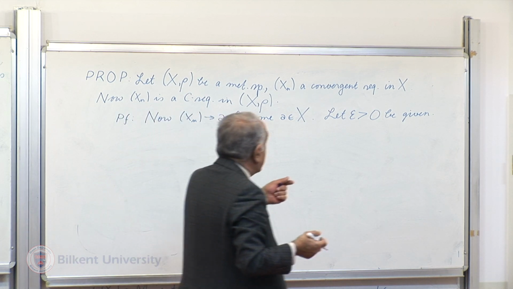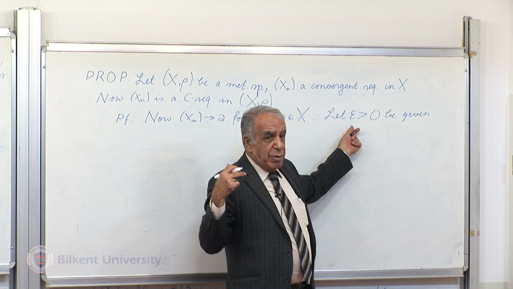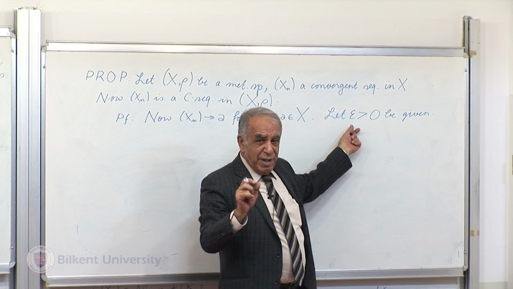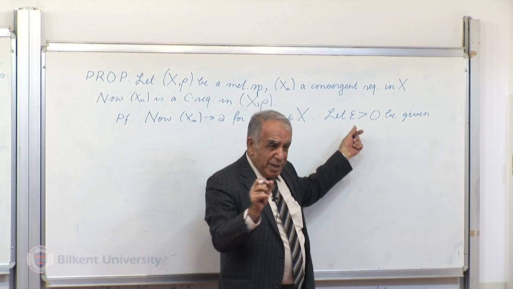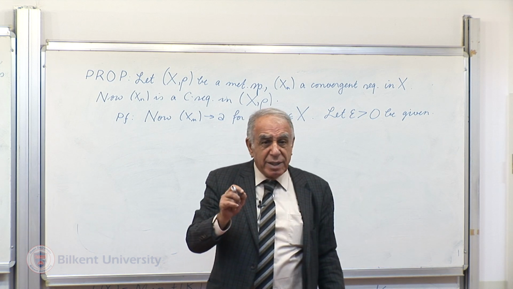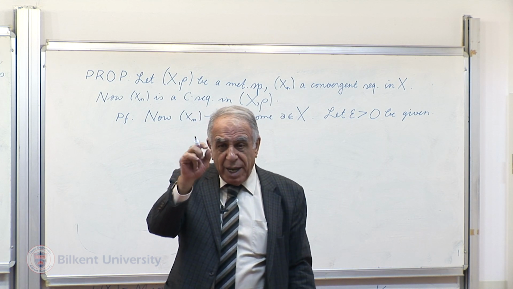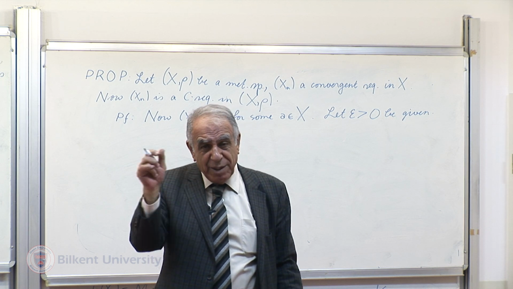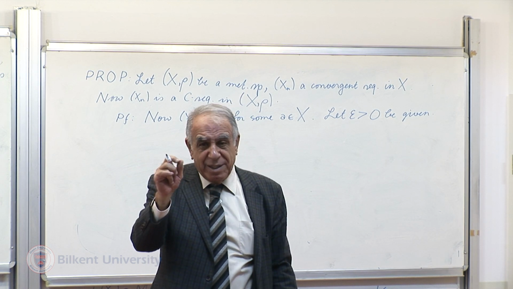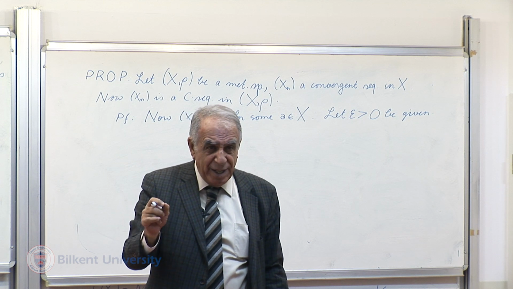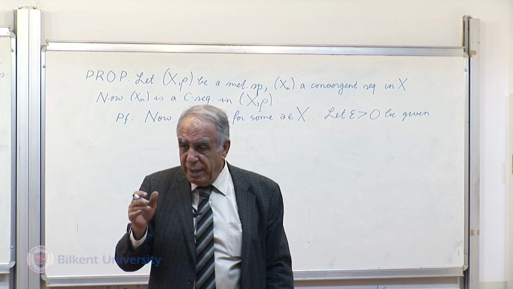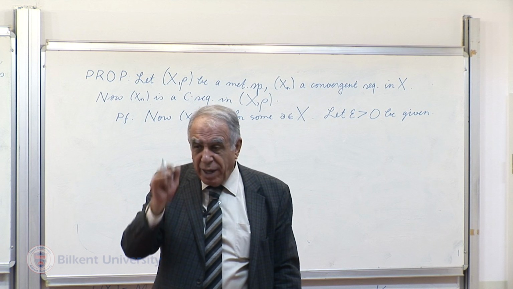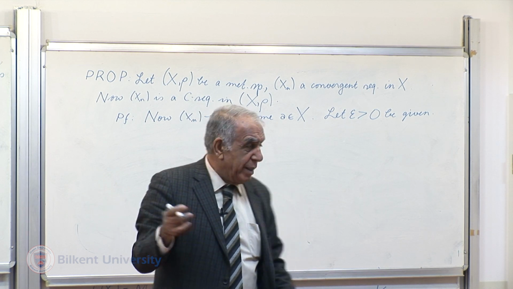So in particular, for epsilon over 2 as well, because naturally we'll take two points, x_n, x_m. We'll consider the distance of x_n to A and the distance of x_m to A with respect to rho, and then conjoin them via the triangle inequality.